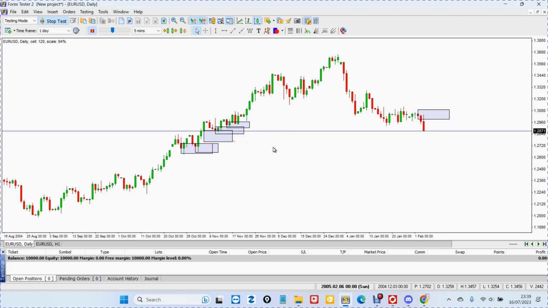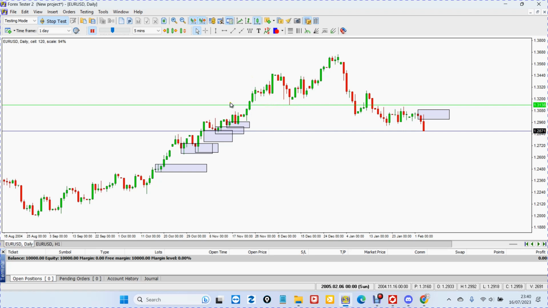Do not get this confused with original. Original is a level that has been created without any interference from another level, and normally they are like rally, base, rallies. Or if we have a pullback like this, we go to the low and we look to the left, this is just clean candles.